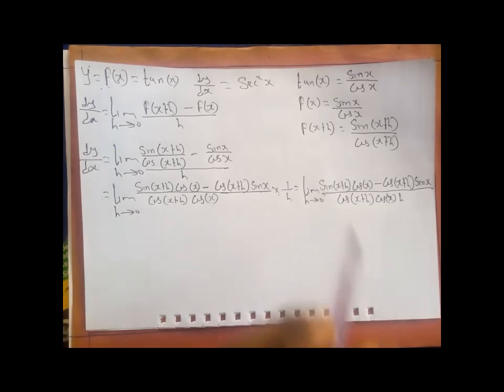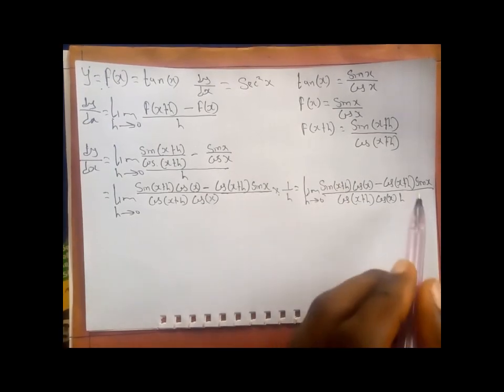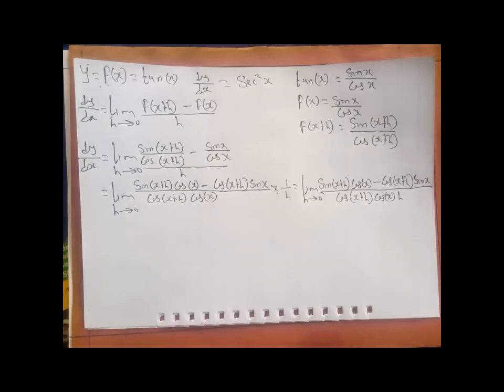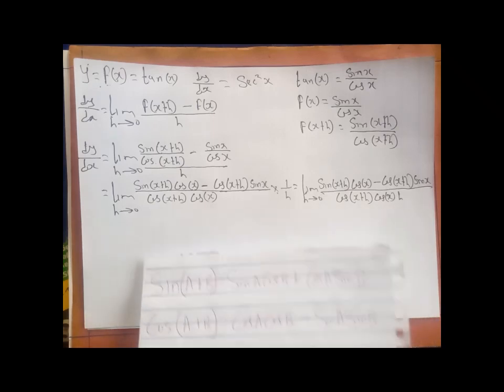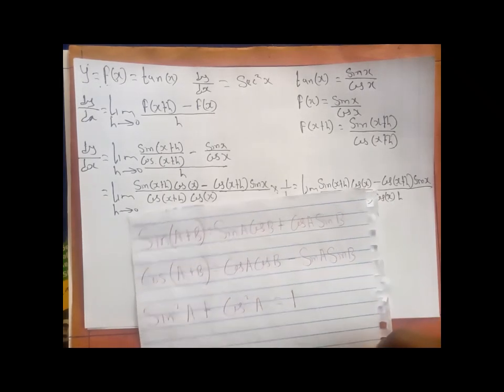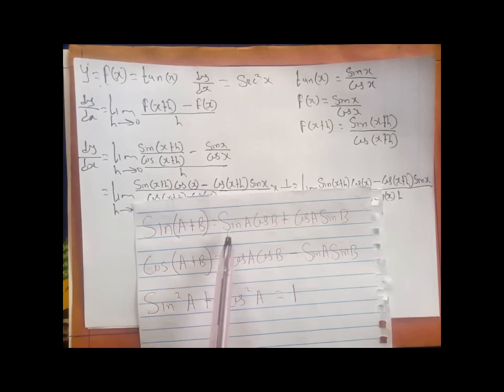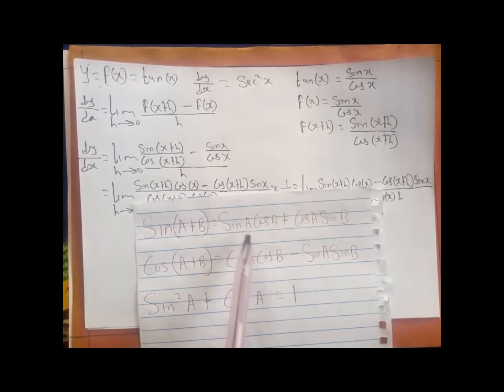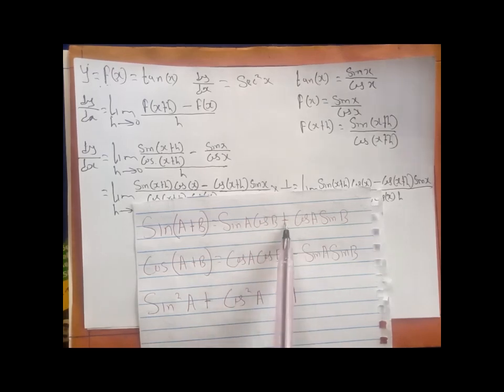Now at this point, we need to expand sine of x plus h and cosine of x plus h. To succeed in that, we need to revise some trigonometric identities. The sine of the sum of two angles is equal to the sine of the first times cosine of the second plus the cosine of the first times sine of the second.